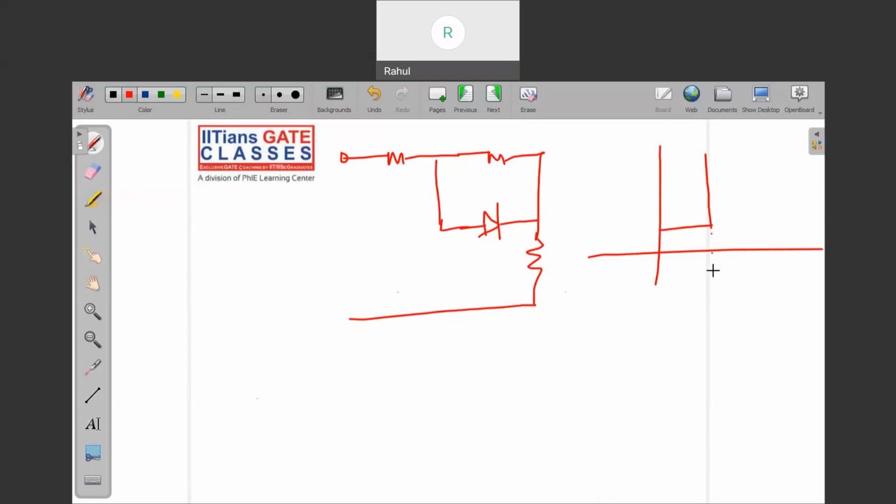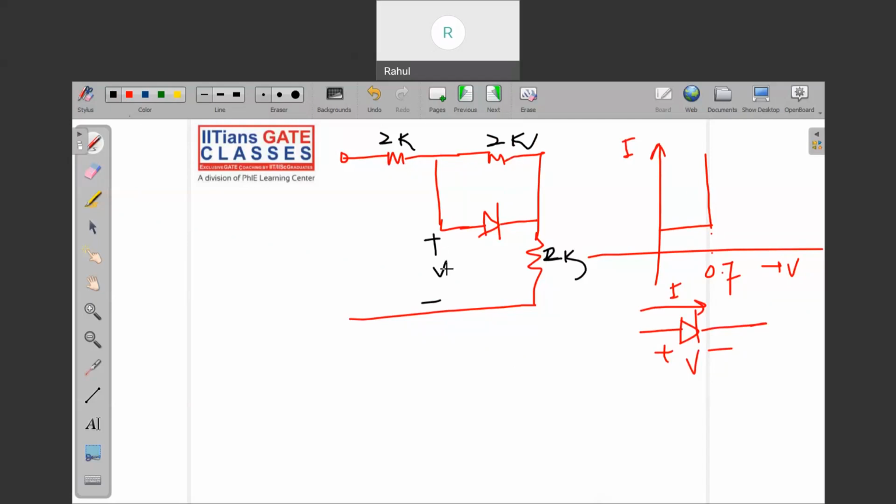So this kind of IV is given, 0.7, and this is voltage V and this is I, and the diode is given here with plus minus V and the current is I. This is the picture given, and the values they have given are 2K, 2K, 2K, and a very good problem this was framed.